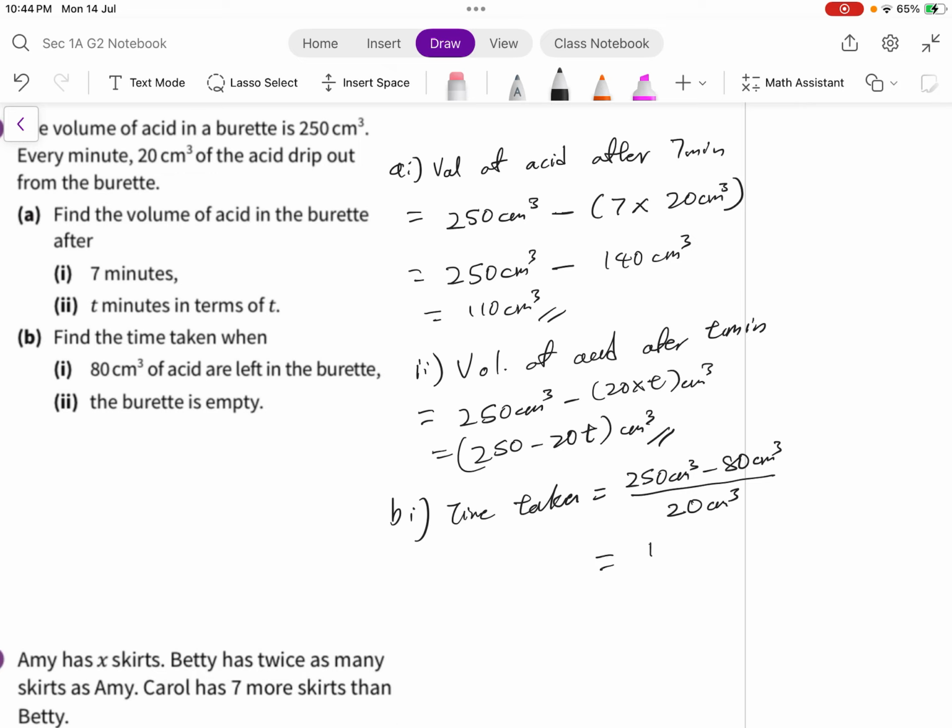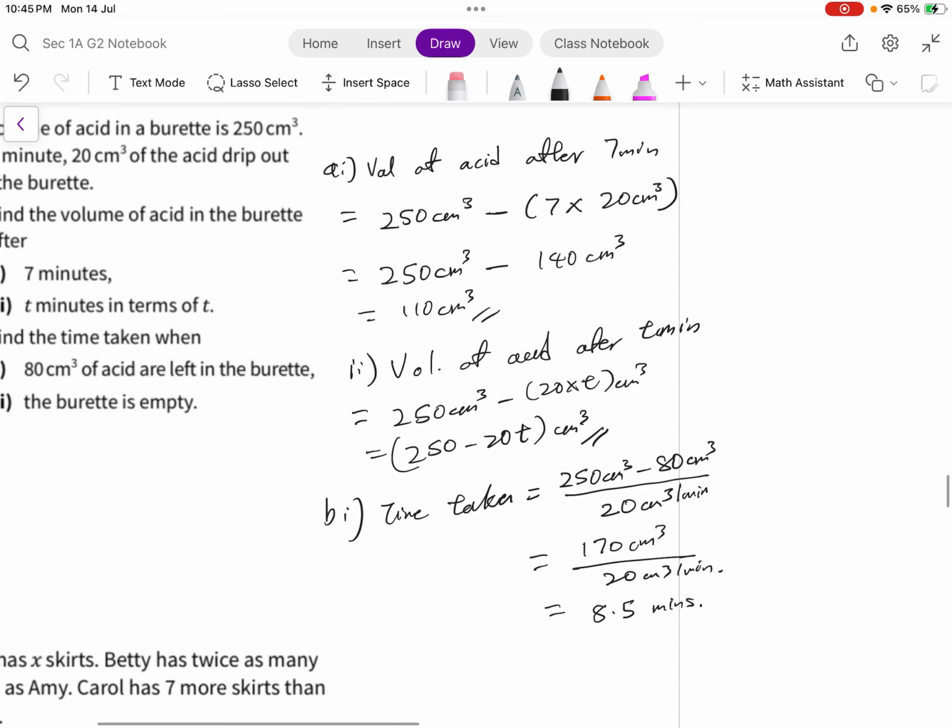And this will be 170 cm³ divided by 20 cm³ per minute, and we will get 8.5 minutes.